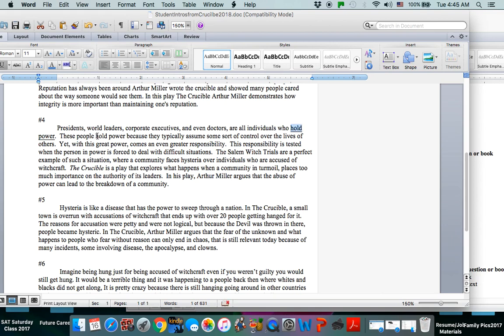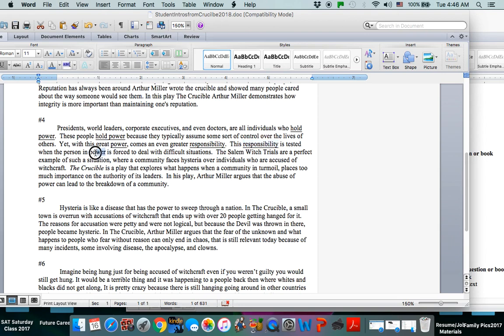Second sentence, these people hold power. I'm repeating another phrase because they typically assume some sort of control over the lives of others. Yet with this great power, so there's our power again, comes an even greater responsibility. This responsibility, oh, there we go. This is how it sounds so good, because we are repeating phrases. This responsibility is tested when the person in power is forced to deal with difficult situations.